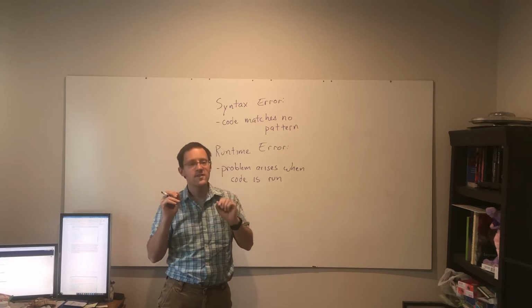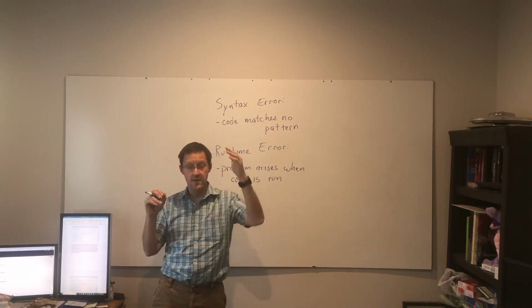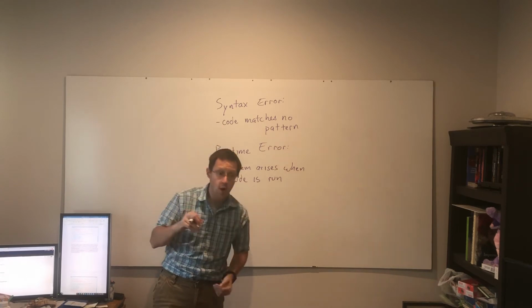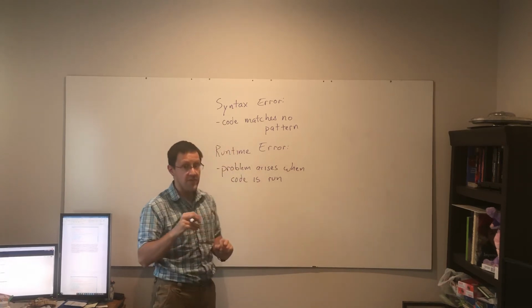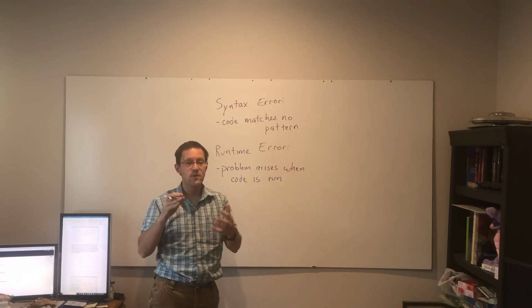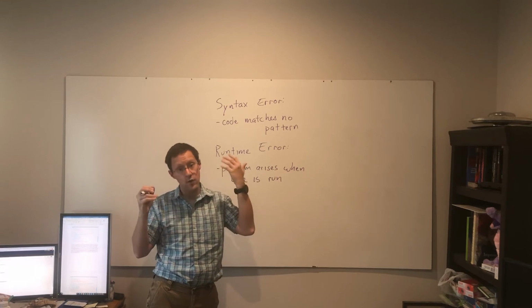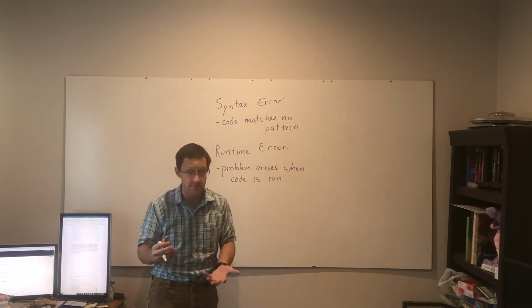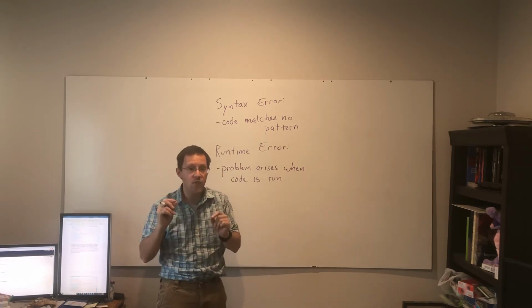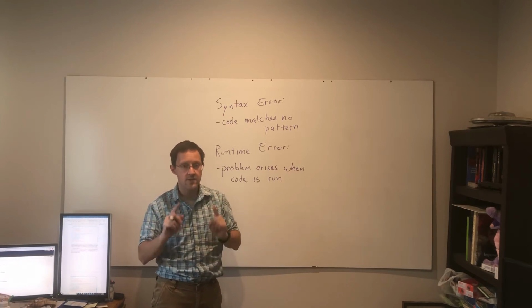The last type of error that you will encounter, and again, as you're going through the code, first you fix all the syntax errors, then you fix all the runtime errors. Then you get the code to a point where it will run. It will actually go through start to finish and do stuff. But you still have to watch out for this third, trickiest kind of error, the logical error.